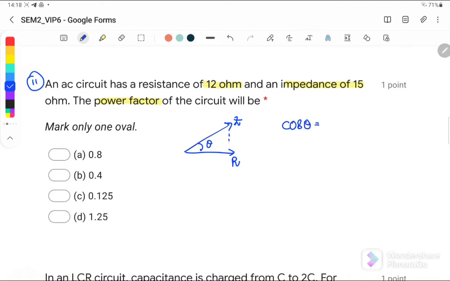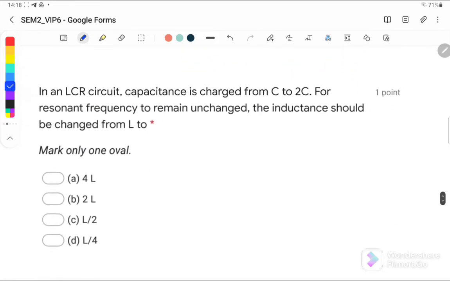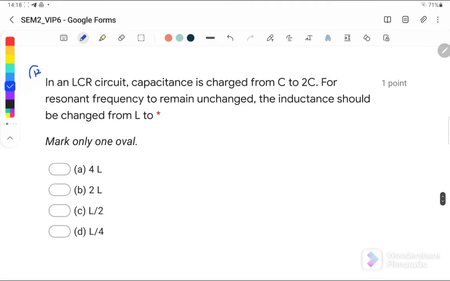So cos theta is equal to adjacent over hypotenuse, which is R over Z. R is 12 ohm, impedance here is 15 ohm. Therefore the power factor cos theta is equal to 0.8. So the answer is B.